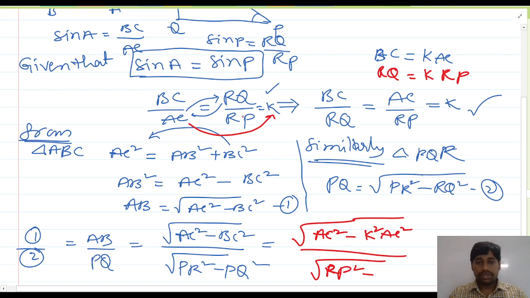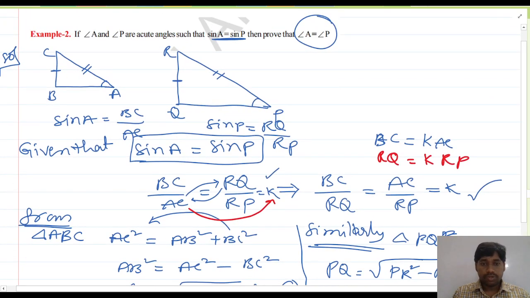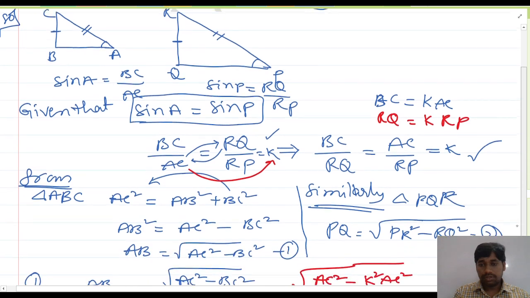One moment please. Sin P is equal to opposite by hypotenuse, which is RQ by PR.